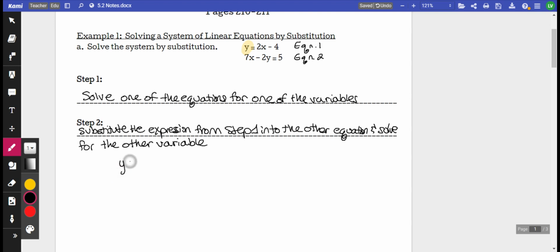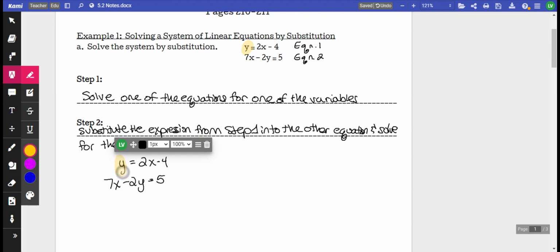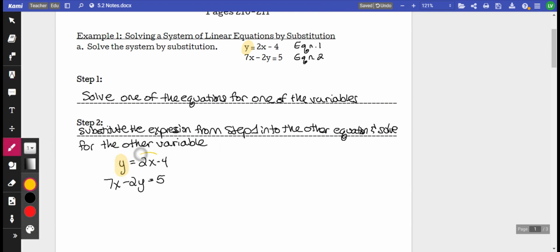So I'm going to rewrite both equations, y equals 2x minus 4 for equation 1, and then 7x minus 2y equals 5 for equation 2. Then I'm going to take the knowledge that equation 1 already has y equals. So I'm going to take the information of 2x minus 4, and I'm going to replace the y in the second equation with that.